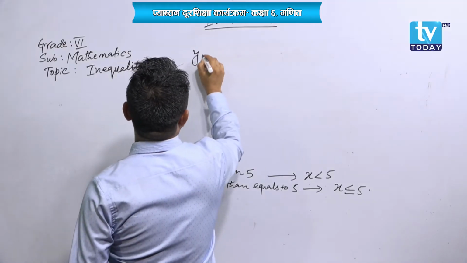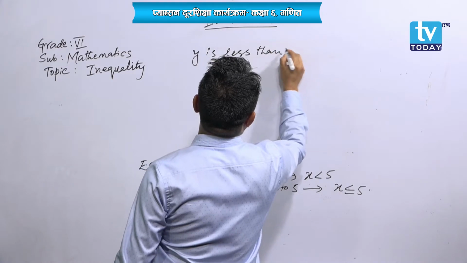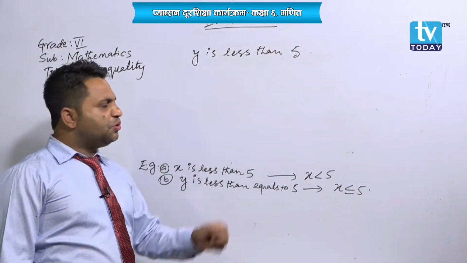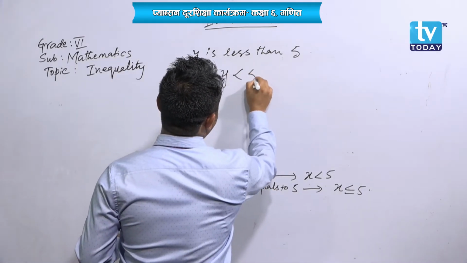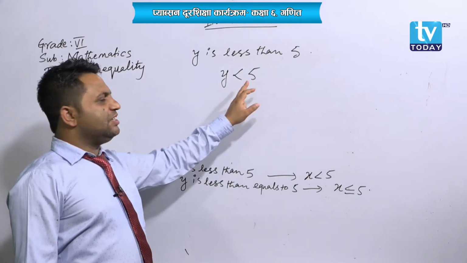Suppose y is less than 5. Symbolically, how to represent? Please see here. Y is less than 5. Symbolically, you can write the value of y is less than 5.